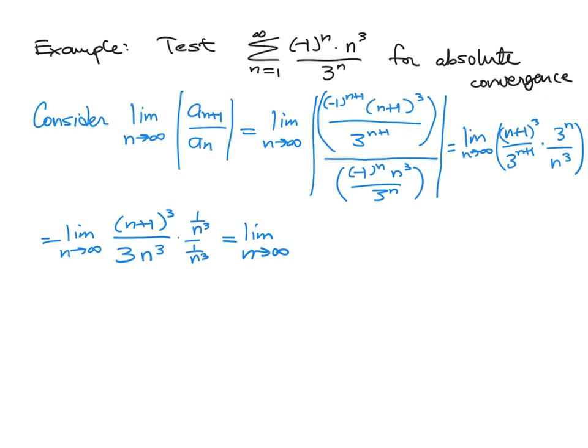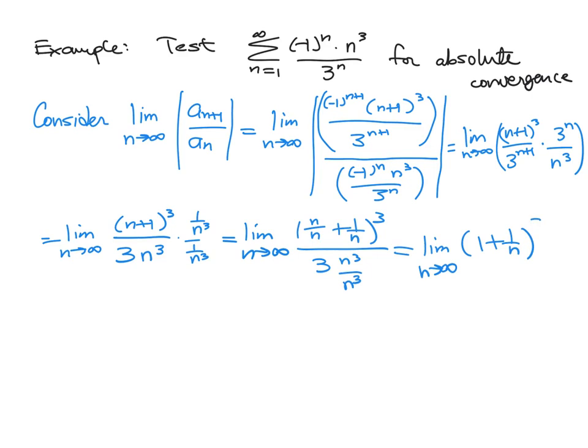So it turns into n over n plus 1 over n quantity cubed over 3n cubed over n cubed. Of course, you don't really need to write that step, but here we go. Limit as n approaches infinity of 1 plus 1 over n quantity cubed over 3. Now when you do that limit, you end up with 1 plus 0 and then cubed, which is 1, over 3. That's 1/3. Now notice that that is less than 1.